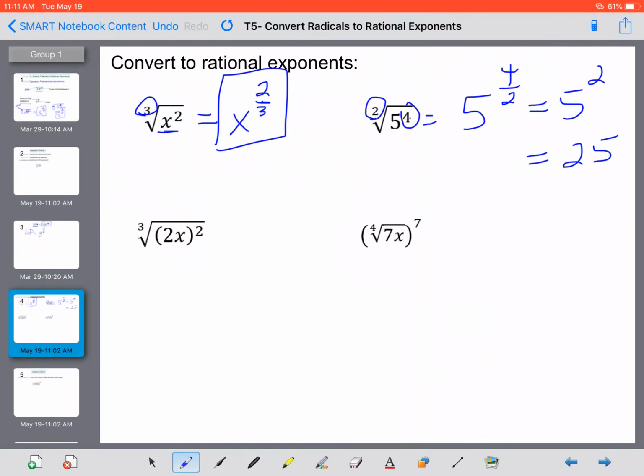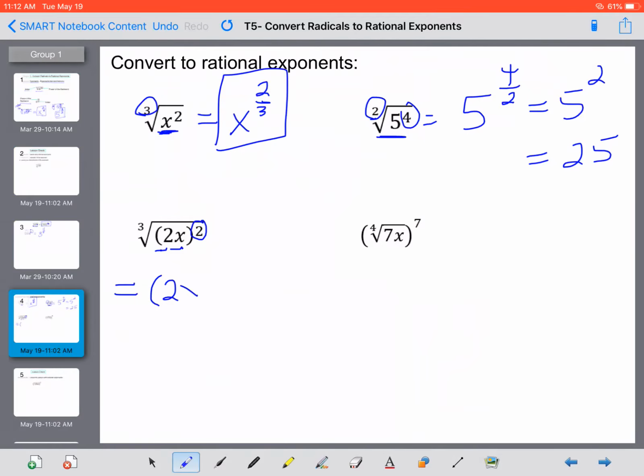Now, when you have more than one factor, as in the examples so far where you had one factor in the radical, here we have a 2 and an x. It's important to remember that this squared power goes to both the 2 and the x. Probably the easiest thing to do is to keep your 2x in parentheses.